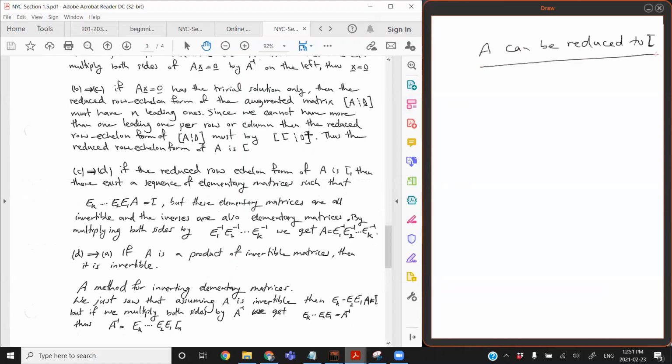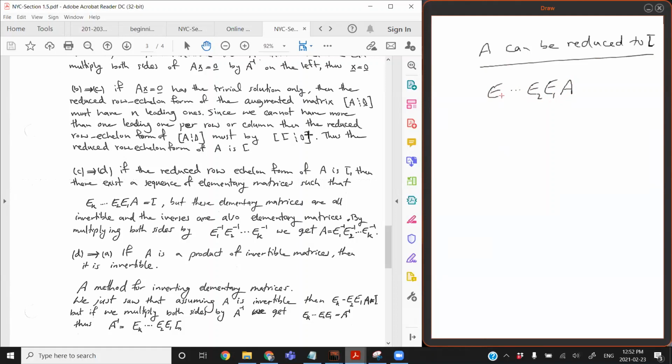So what does this mean? This means I can start with A. I can perform a series of row operations on that. Notice that when I multiply a matrix by an elementary matrix on the left, it's as if I am performing a row operation on that. So E1A is like performing one row operation on A. E2 times E1 times A would be performing a row operation on the result.